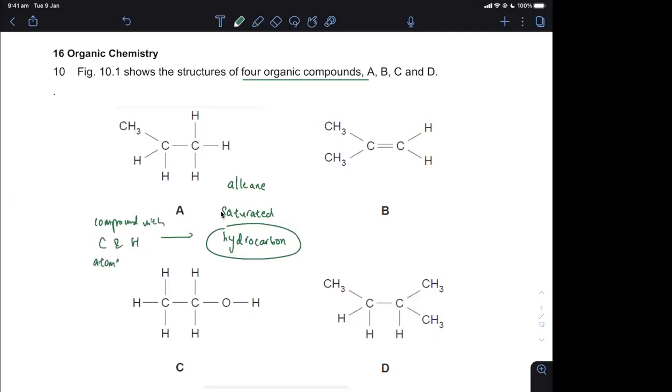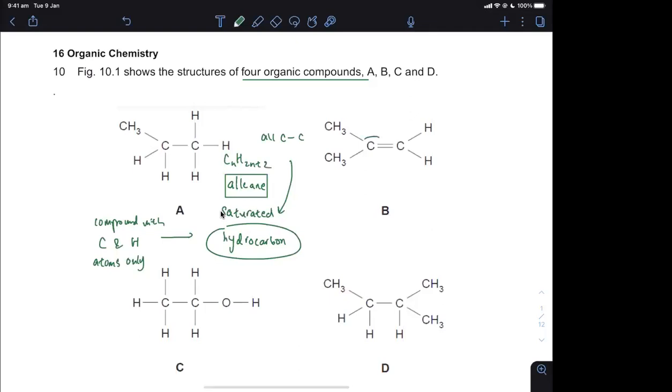If you look at the structure above, there is only carbon and there is only hydrogen. And I know it's saturated because all the carbon is single bonds. So the carbon doesn't have any multiple bond, all of them are single bond. So that means it's a saturated hydrocarbon, which means it must be an alkane. There is your CnH2n+2 family.